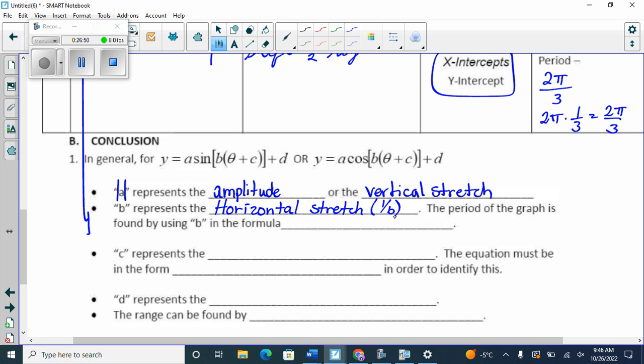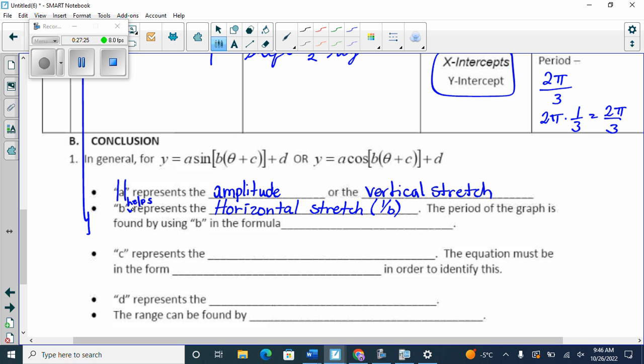But 1 over b is the horizontal stretch. B represents the reciprocal of the horizontal stretch. B helps represent the horizontal stretch, which is 1 over B.